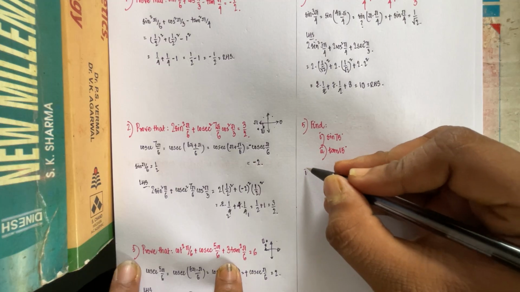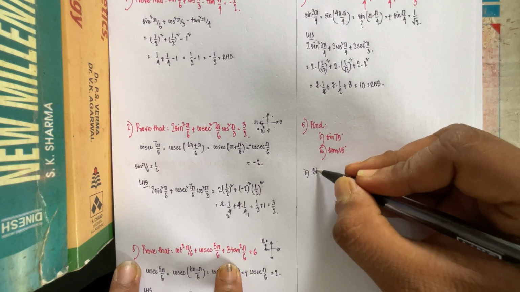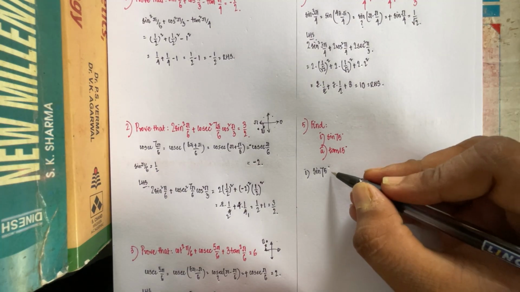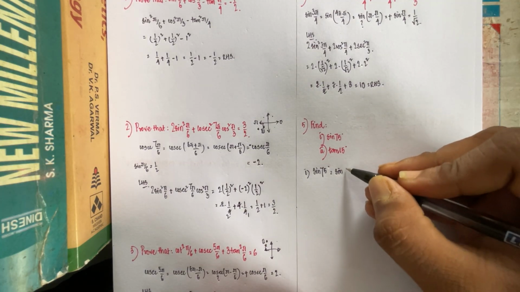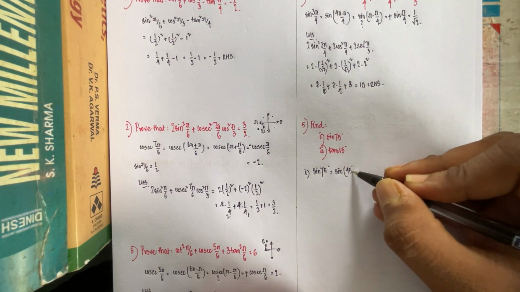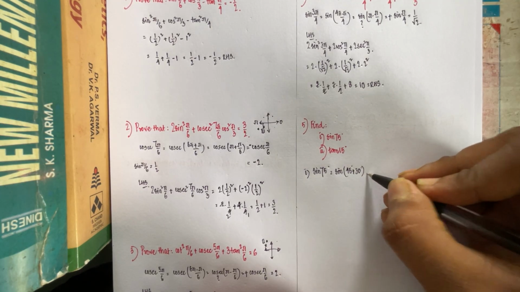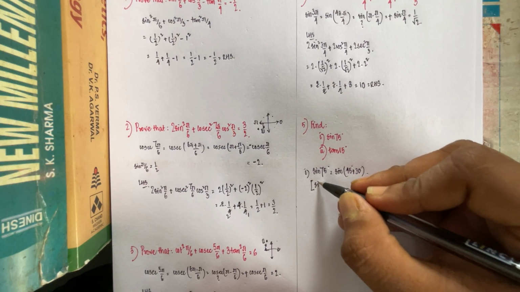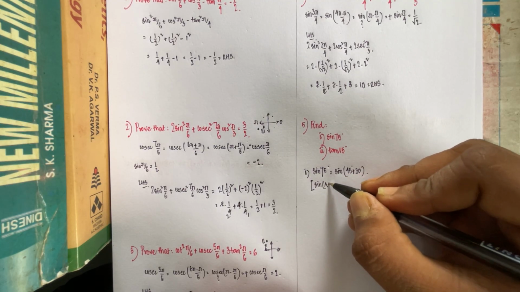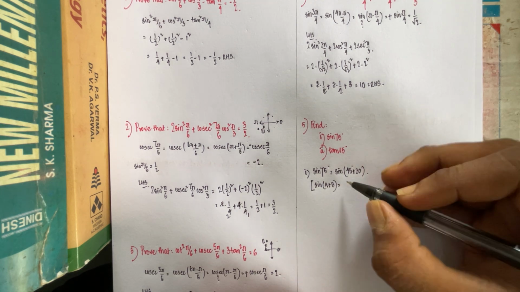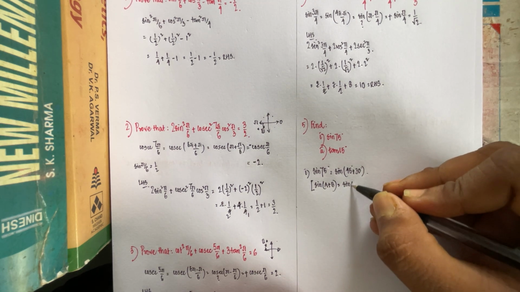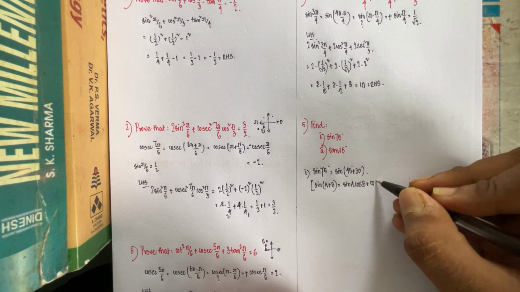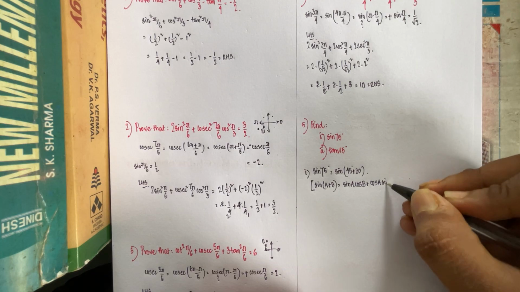So for question number 5.1, we have sine 75. We can write this sine 75 as sine 45 plus 30. Now we will use a formula here, that is sine a plus b, and the formula is sine a cos b plus cos a sine b.